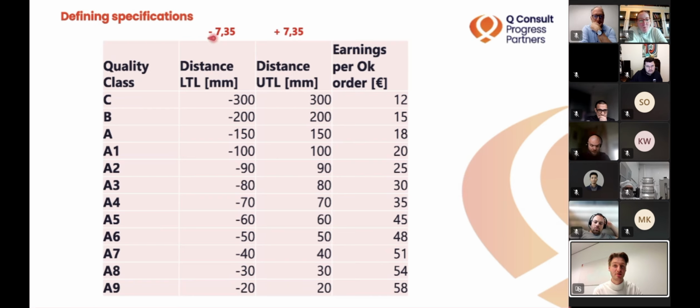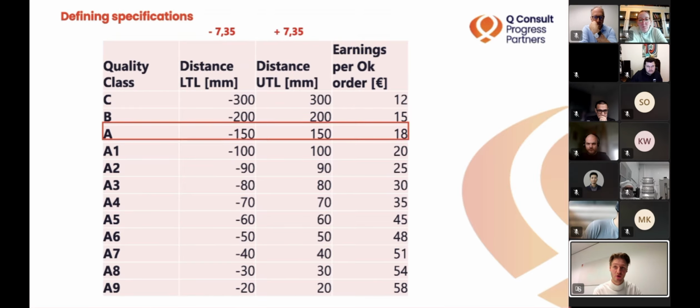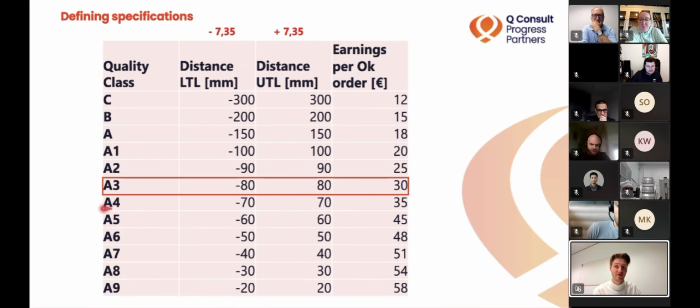This is in centimeters, so that means that we can choose a quality class based on those numbers. And if we take a look at how that looks, it means that we can't choose A4, because then we still will miss more than 3 in 1,000 experiments. So we need to choose a class higher, A3.